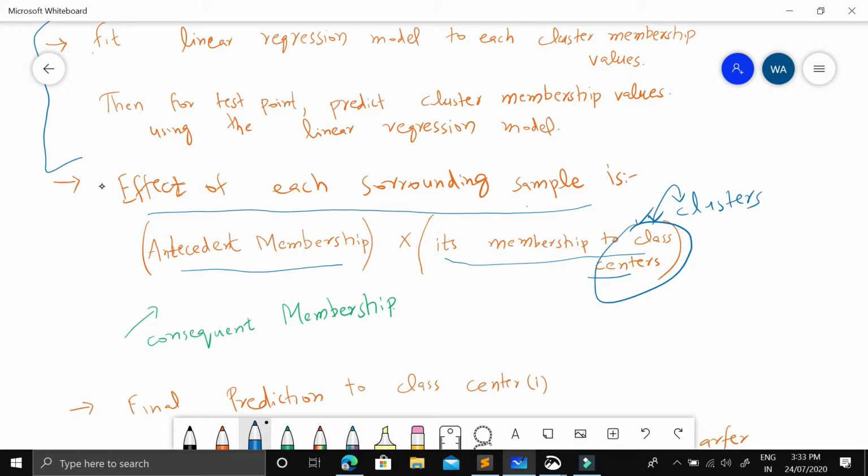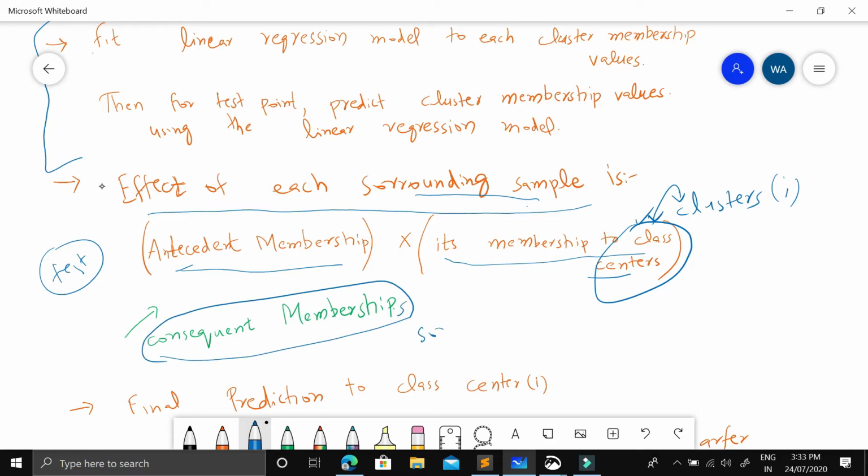So whatever the antecedent membership of a specific surrounding sample to the test point is, we multiply it with the membership of that surrounding sample to cluster i. We do it for all the clusters. In this manner, we find out the consequent memberships for all the surrounding samples, and to all the class centers, to all the clusters.